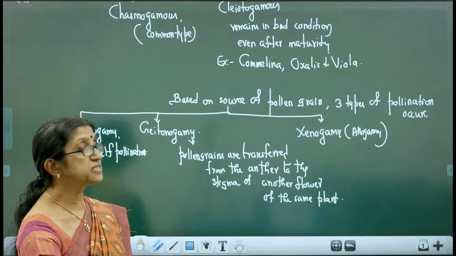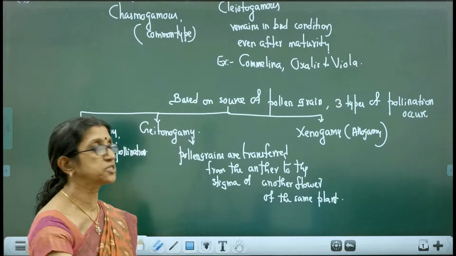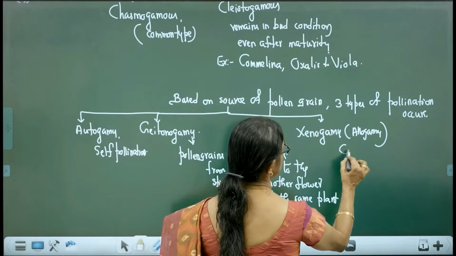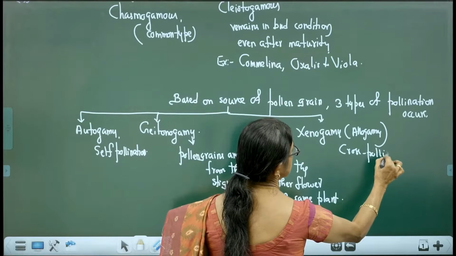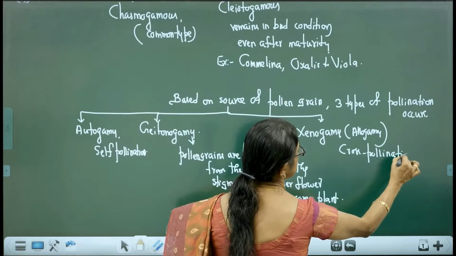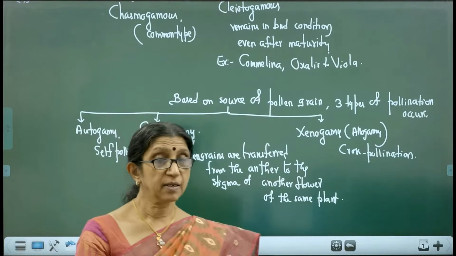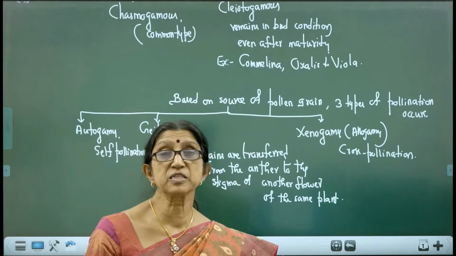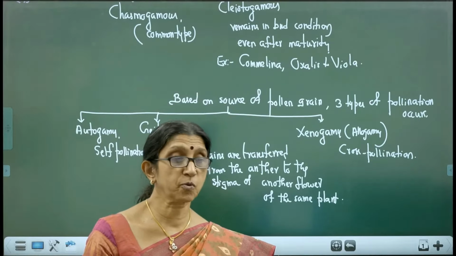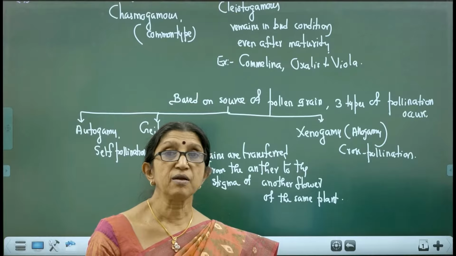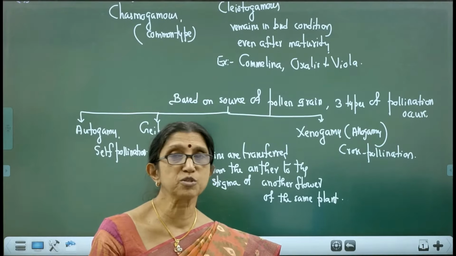Then last one, xenogamy, and here it is cross pollination. Nature actually prefers cross pollination over self pollination, just because cross pollination can bring about variation, that is changes in the resulting progeny.